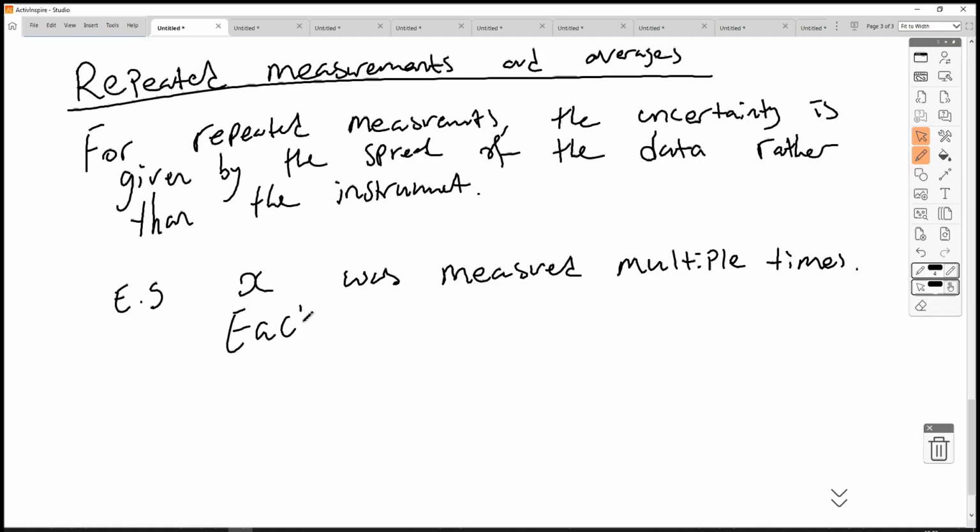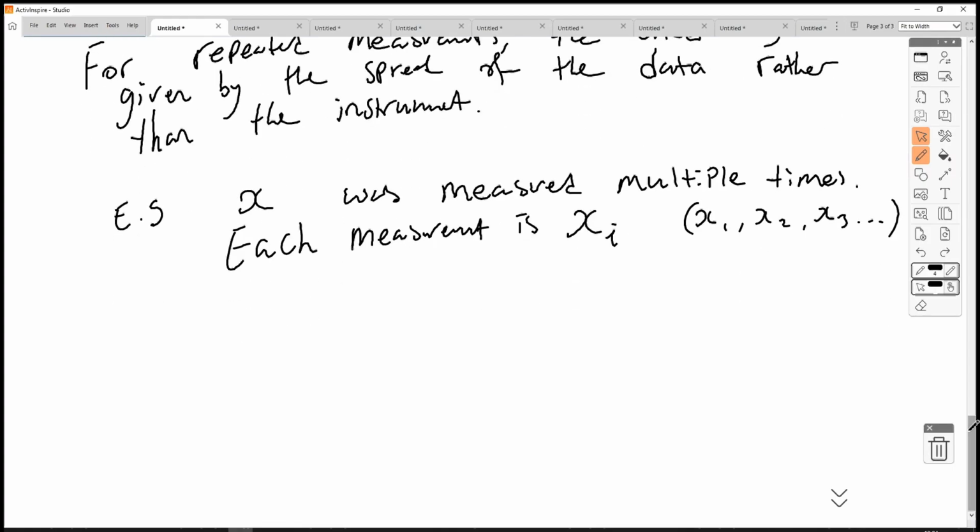Each measurement is X subscript i, which for example will mean X1, X2, X3, and so on and so forth. And X bar is the mean of those measurements.